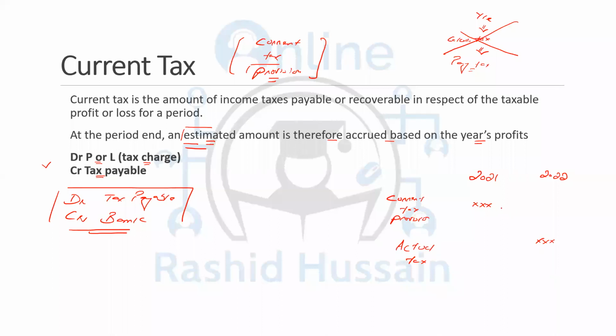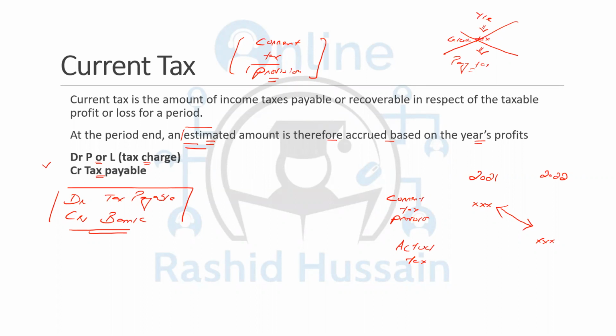Now, when your actual tax is calculated in the next year, you will see that this tax is different from your estimated one, because obviously in most cases, you're not going to have the same amount which you estimated in 2021. There will be a difference between the current tax provision and the actual tax.